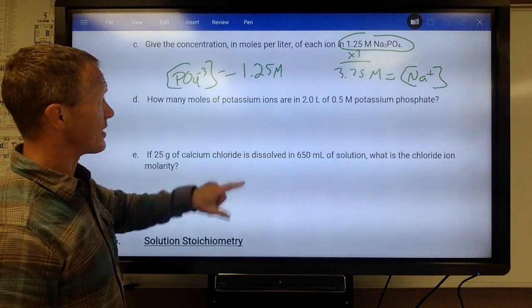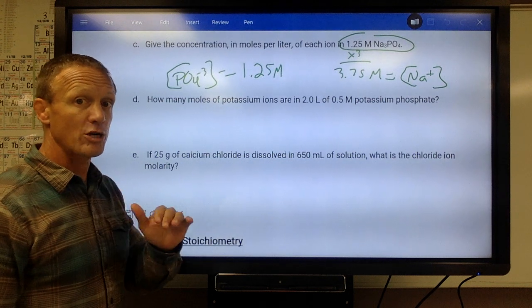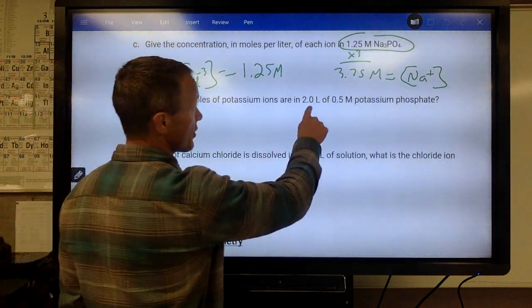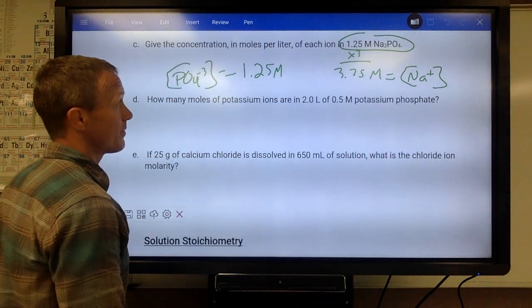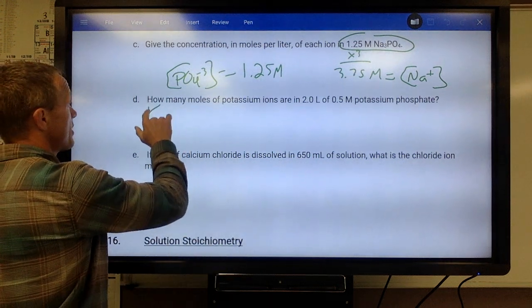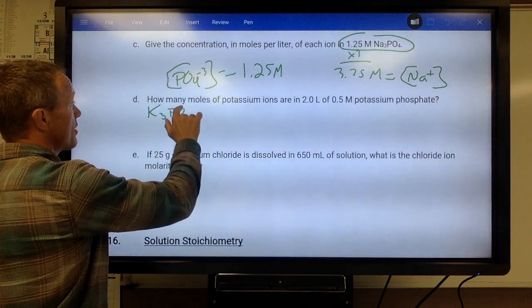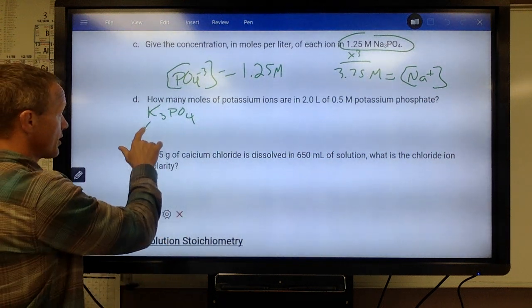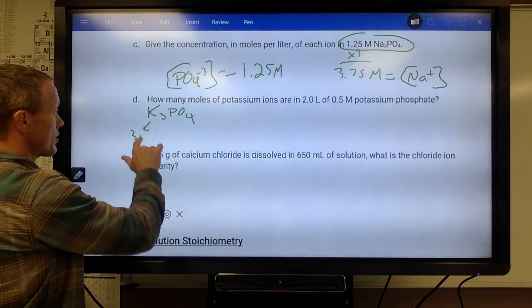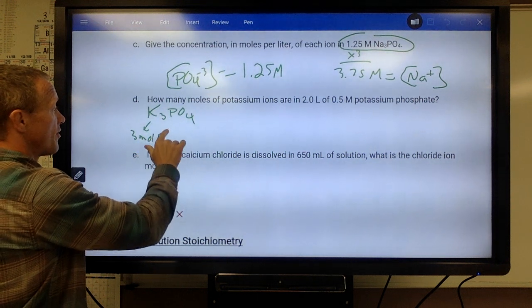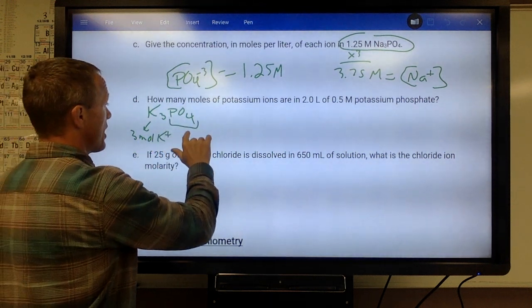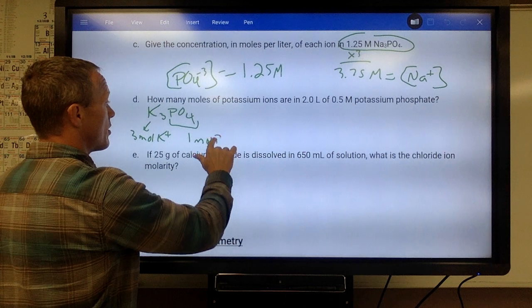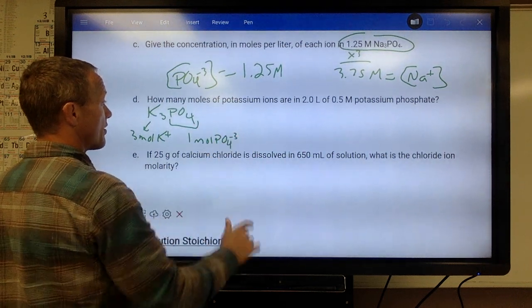How many moles of potassium ions, not the molarity of it, it wants to know actual moles, are in 2 liters of 0.5 molar potassium phosphate? Well, potassium phosphate is K3PO4. So when that dissolves, it produces 3 moles of potassium ions and 1 mole of PO4 3- ions.